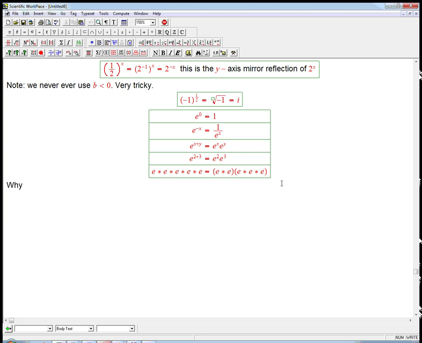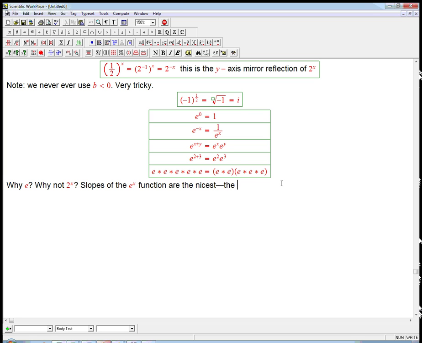So briefly, why e? Why this number e? Why not just deal with 2 to the x all the time? Well, that's something we get a hint of in a calculus class, and that's that the slopes of the e to the x function are the nicest.